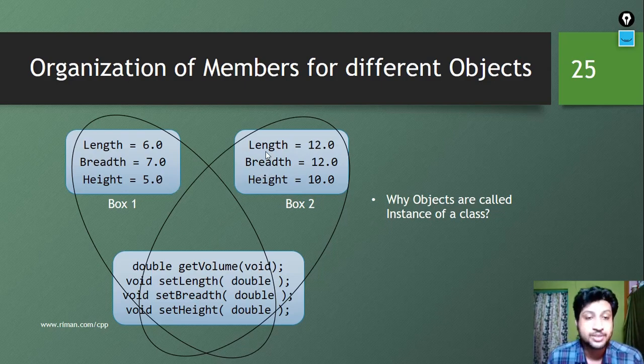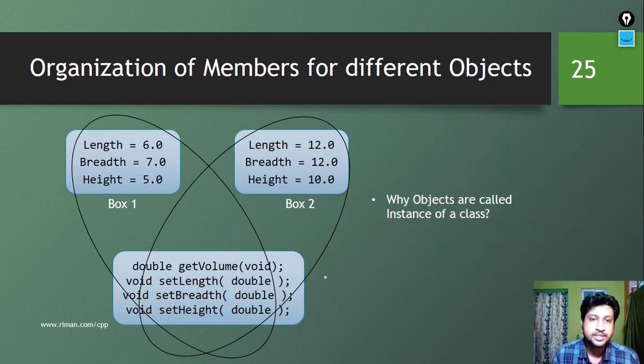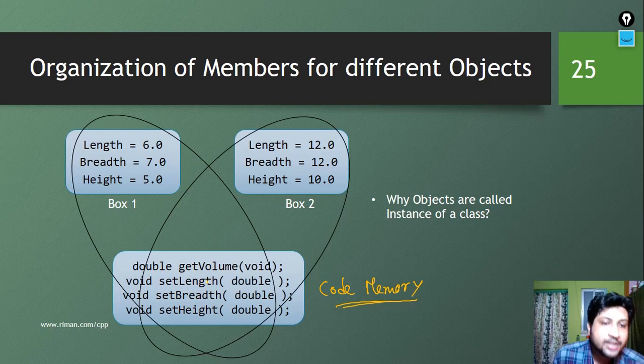So these two boxes will have their own copy of the data members, or instance variables, whereas the functions actually share the common code area. So this particular section is called the code area or code memory, where the code resides. There is only one copy of the member functions for each object, but we have multiple copies of the instance variables in case of creating objects.